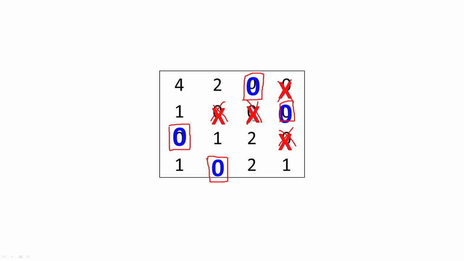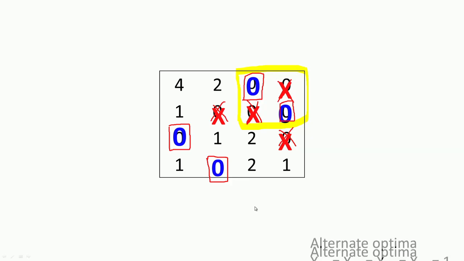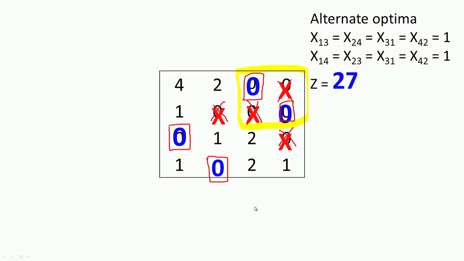So, now what we did is when we reached this point, when we had 2 zeros, we could have broken the tie arbitrarily by choosing any one of the 4. We chose this, we automatically got this. If we had chosen this or this, we would have got the other. So, there are 2 possibilities and any arbitrary way of breaking it would have given one out of the 2. So, we have alternate optima.